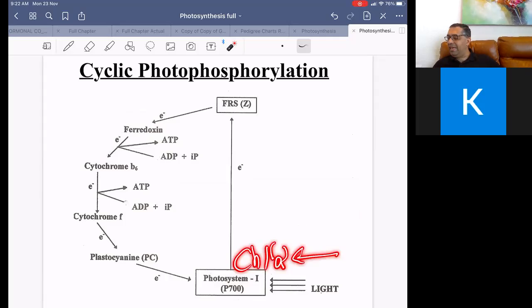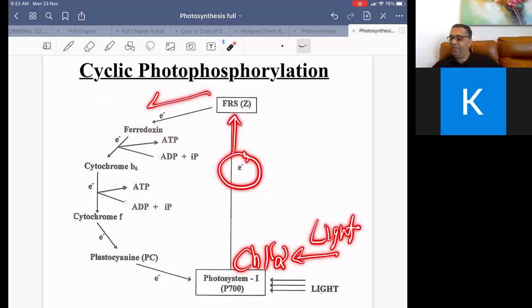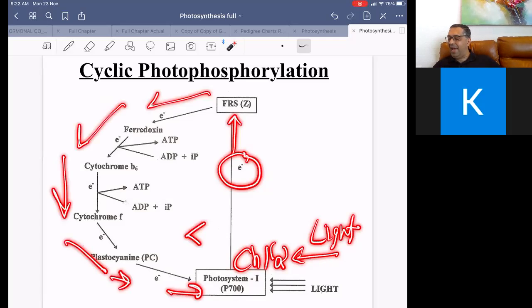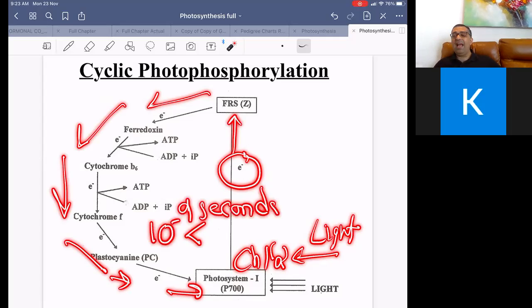on receiving light will expel an electron, and this electron has to return back to chlorophyll A in less than 10 raised to minus 9 seconds. Only within 10 raised to minus 9 seconds, chlorophyll A has to get back its electron.